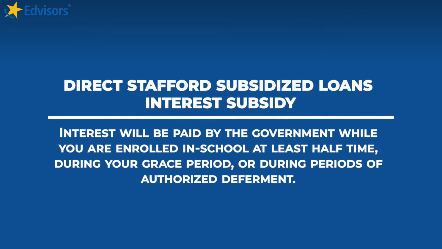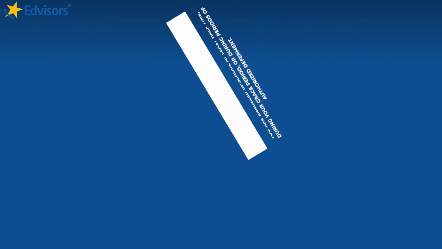It's because there is an interest subsidy while you're enrolled in school at least half time, during your grace period, and during periods of authorized deferment. And during those periods, you actually have your interest covered by the government. That's also why it's known as a need-based loan. It is a loan that has great borrower benefits attached to it.